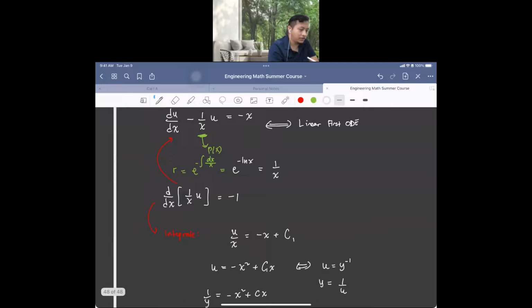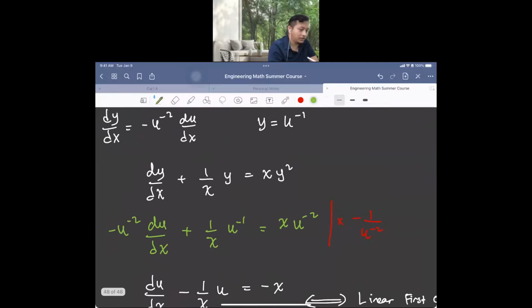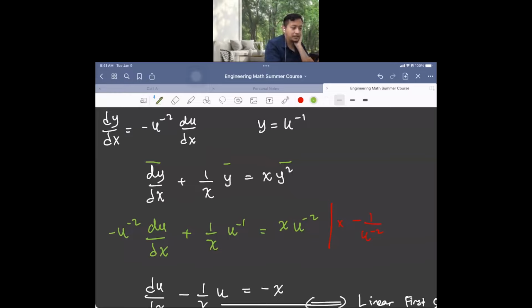Okay, the Bernoulli equations means that whenever you find you have dy dx, you have y squared, basically, these equations can be simplified into linear differential equation that we have learned before. Okay, so we substitute. The idea is actually not that complicated.